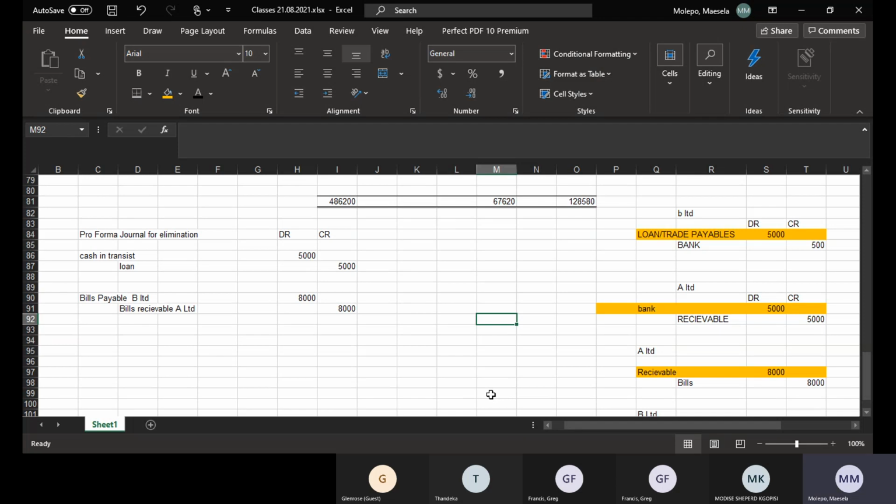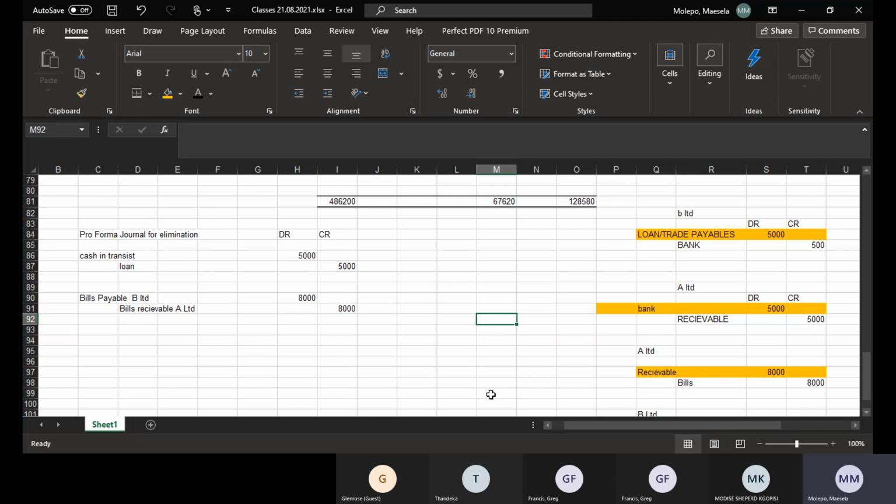Okay. Then we had a bank overdraft of 14,200. Our A had a bank overdraft of 14,200, as shown in our pre-adjustment trial balance. And remember, he received 5,000 from B Limited.